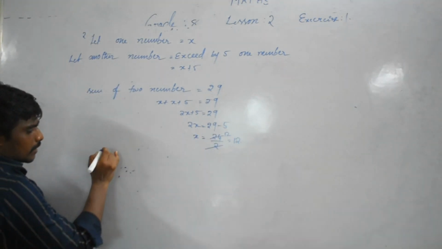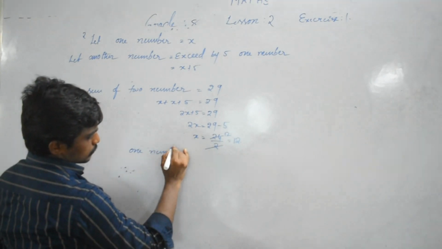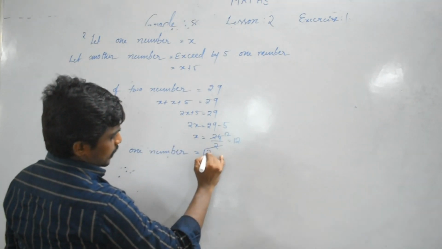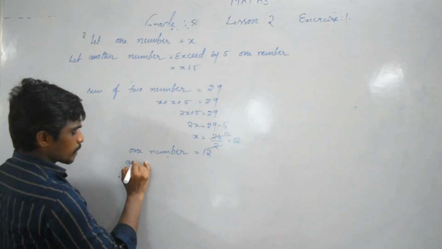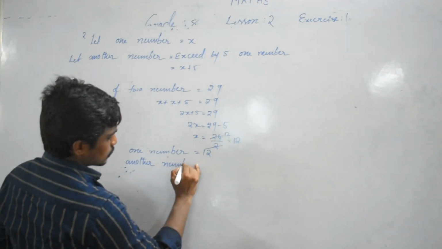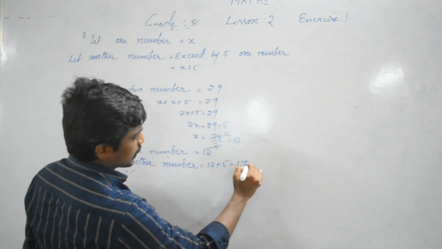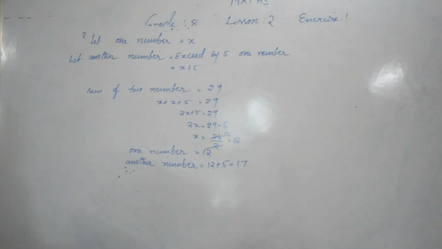So one number is 12, and the other number is 12 plus 5, which is 17.